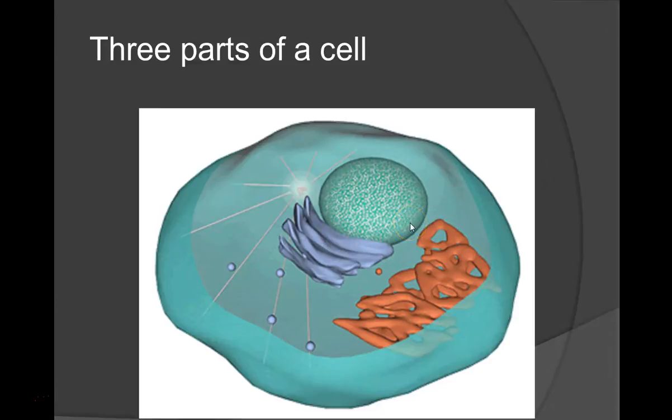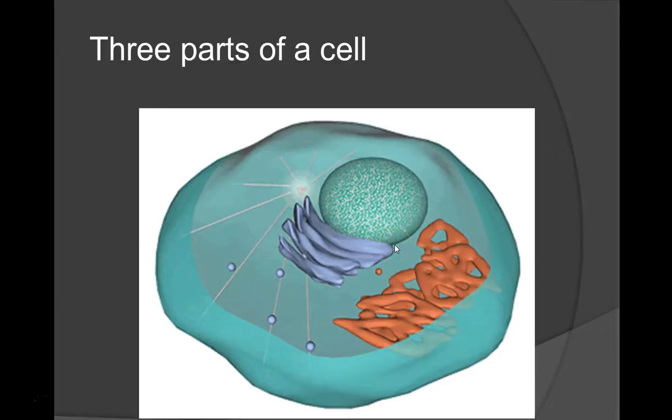Okay. Now, everything between the nucleus and the plasma membrane is called cytoplasm. Cytoplasm. And we could see it in 3 dimensions all around.